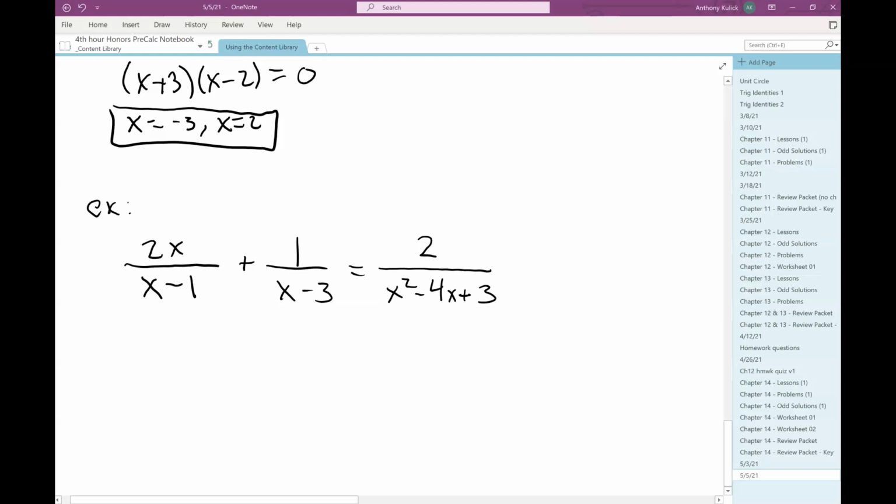Well, it might not be entirely clear until we factor that right-hand side denominator.